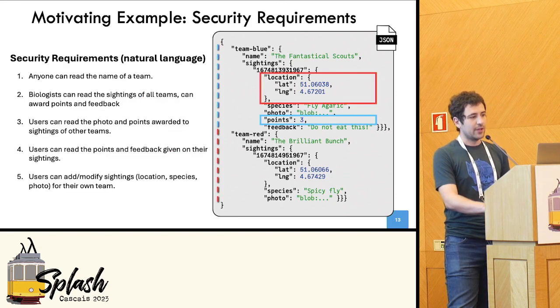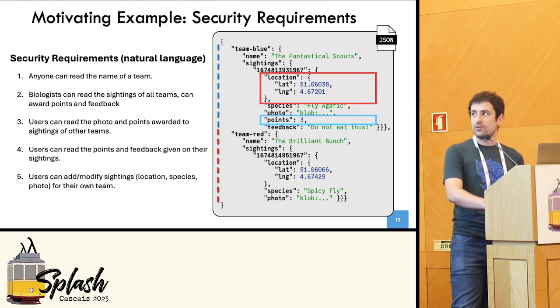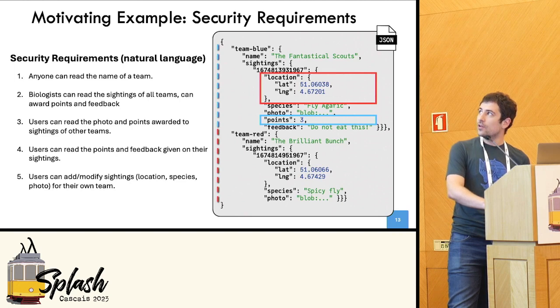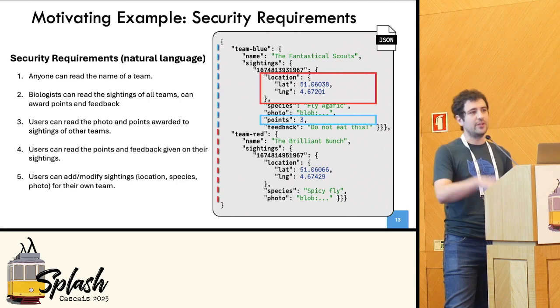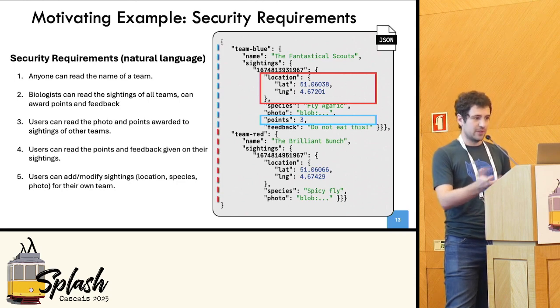The application also has security requirements, and I listed them here in natural language. I won't go into detail on each and every one of them, but it includes things like the red team should not be able to see the locations of the blue team sightings or vice versa.